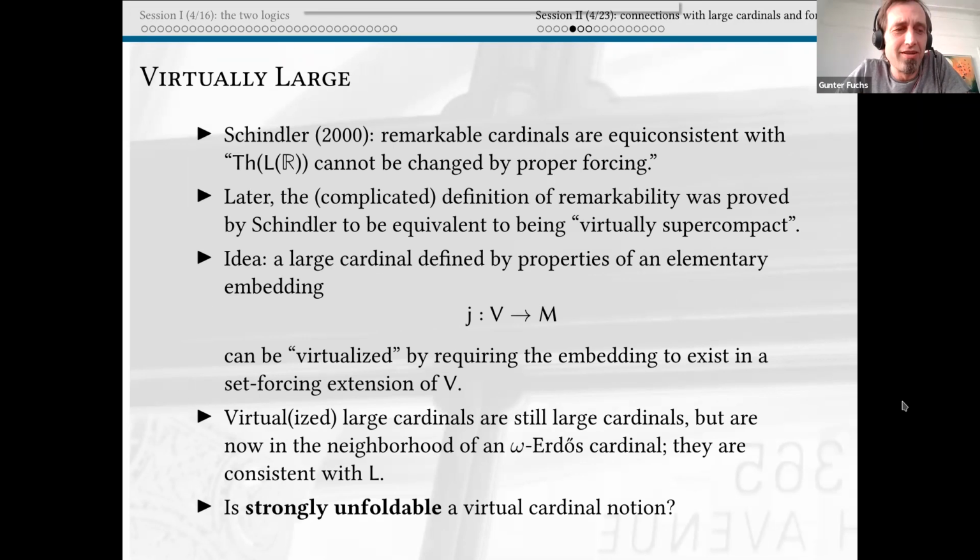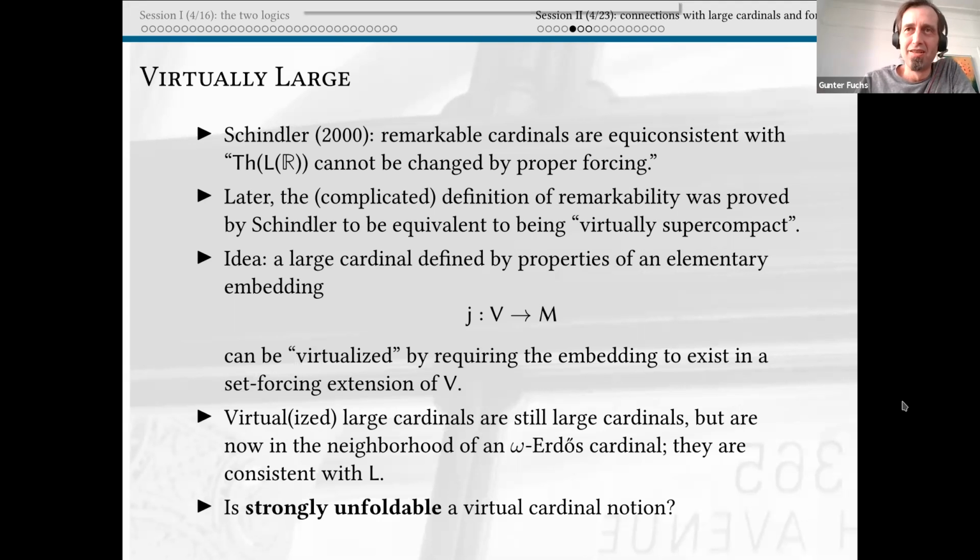So there's this hierarchy of reflecting cardinals that were introduced by Miyamoto. They don't exactly characterize, but they are connected somehow to levels of forcing axioms.